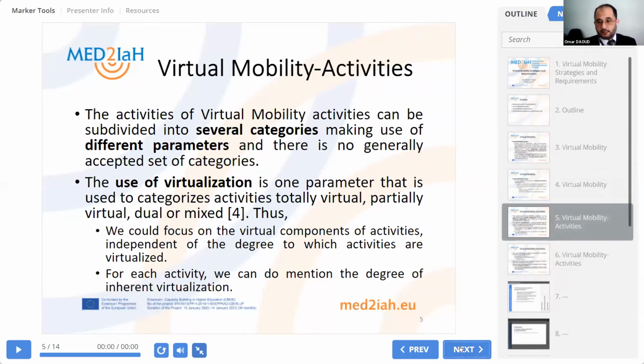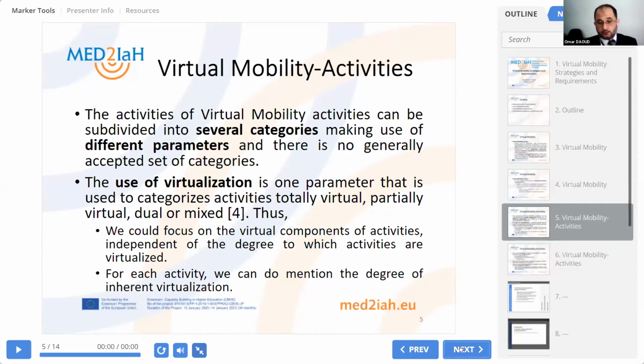After that, the virtual mobility activities can be subdivided into several categories, making use of different parameters, and there is no generally accepted set of categories. In fact, the use of virtualization is one parameter that is used to categorize activities: totally virtual, partially, dual or mixed virtual.